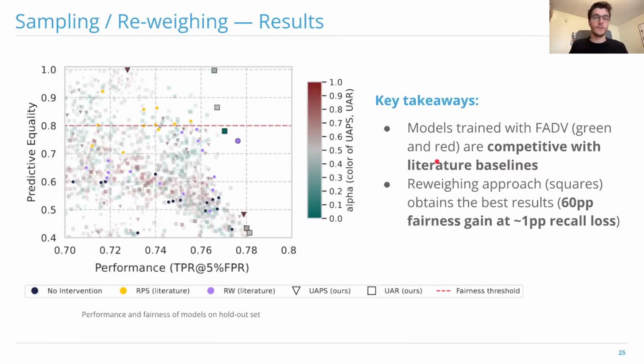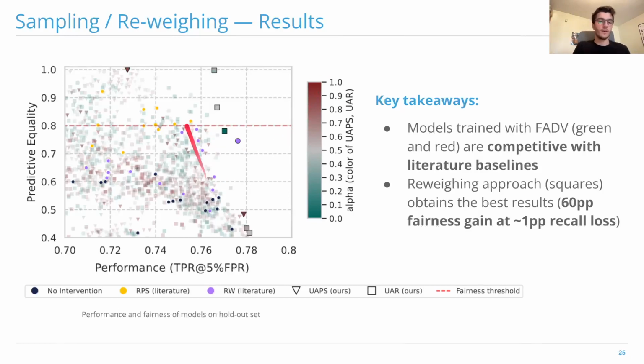And our final results are as follows. We have performance on the x-axis and the fairness metric on the y-axis. In the paper, we also show other fairness metrics, and the conclusions are similar: our models, which are colored from green to red, exhibit consistently better fairness-accuracy trade-offs. Here, the greener a point is in the plot, the more weight was placed in the utility function towards fairness, so the fairer the model should be, and the redder it is, the more weight to performance.